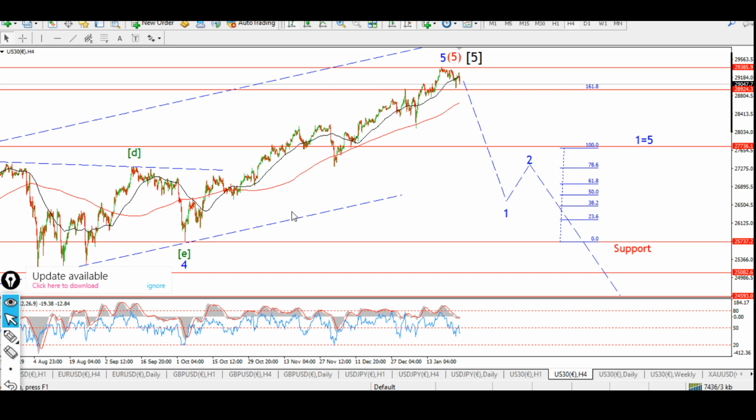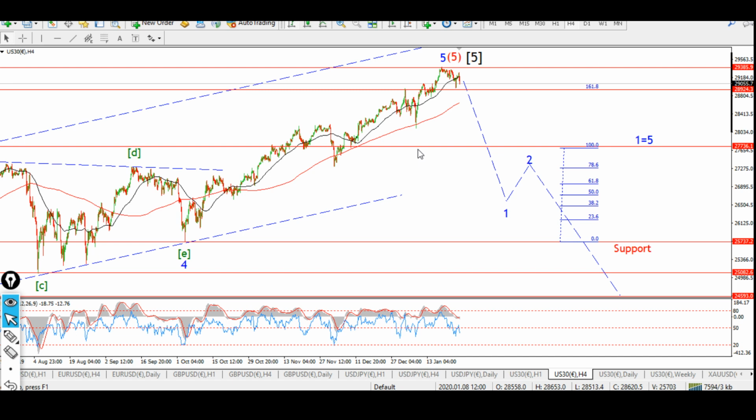It does fit. I'm not going to pin my hat to that, but it does fit. And if that's the case, well, that's an ending diagonal. That's the final move, and then we should be moving lower anyway. But I'll just have to wait for that to play out. I've been hands off on stocks this week.